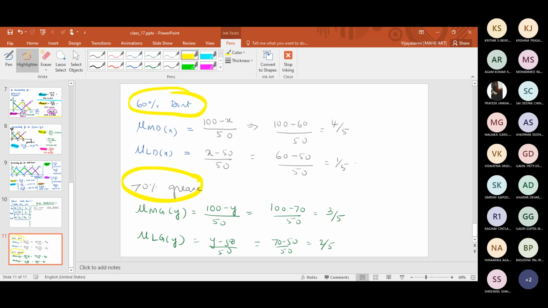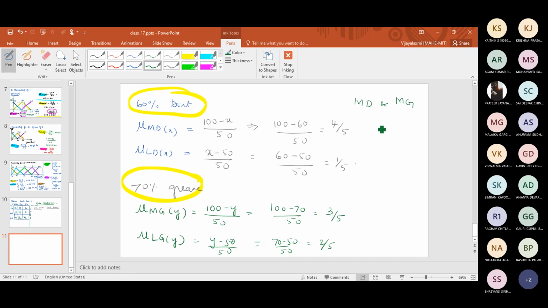See, one example, medium dirt and medium grease. So I can make the combinations. Medium dirt and medium grease, one combination.